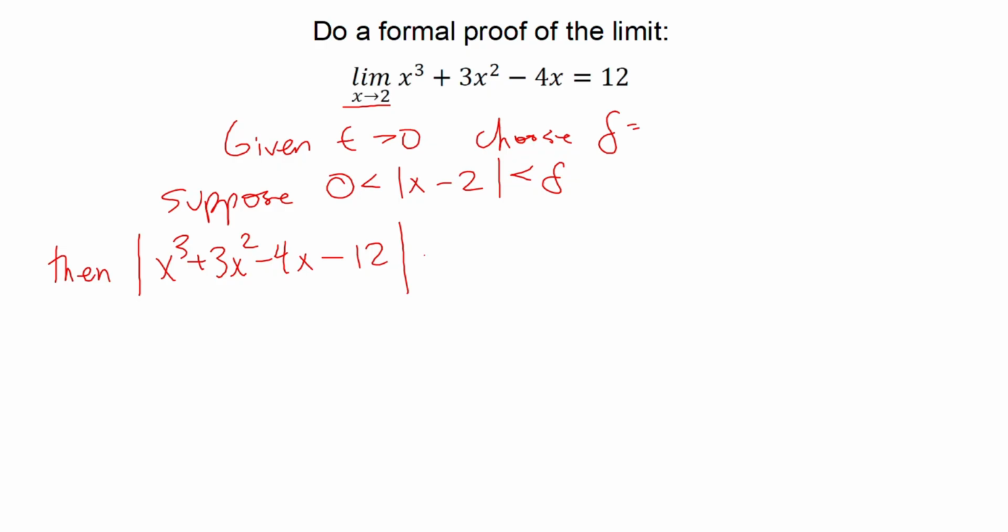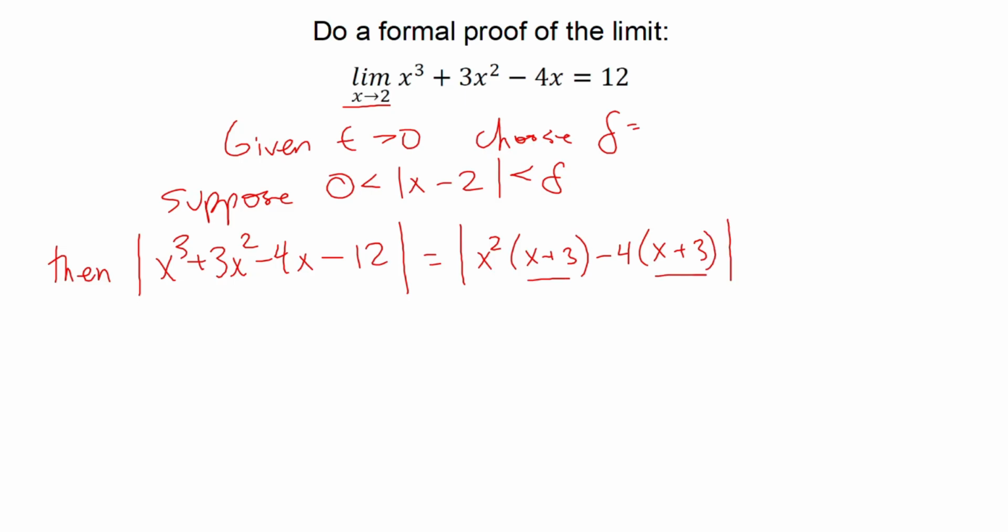So this function inside the absolute value looks like it factors out pretty nicely by factoring by grouping, right? If we factor an x squared out of the first two terms, we get x squared times x plus 3. And if we factor a minus 4 out of the last two terms, we get minus 4 times x plus 3.